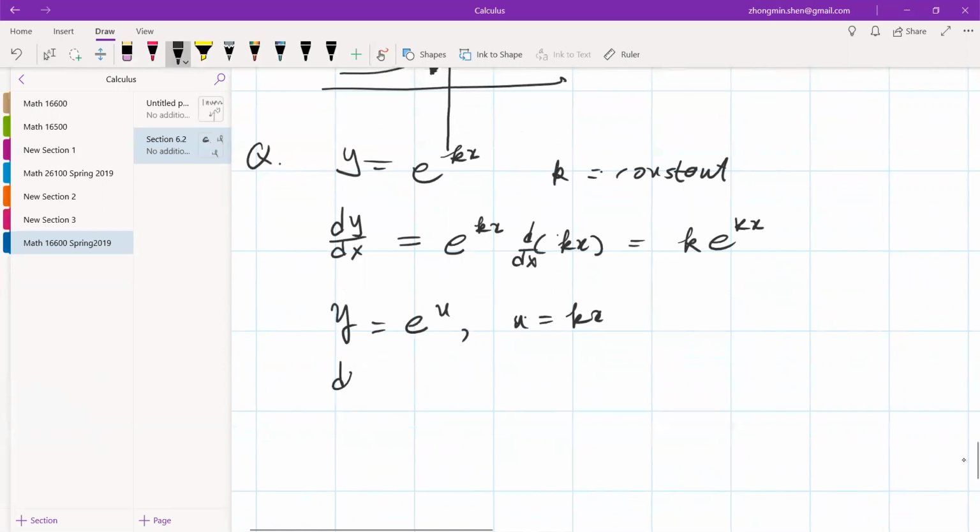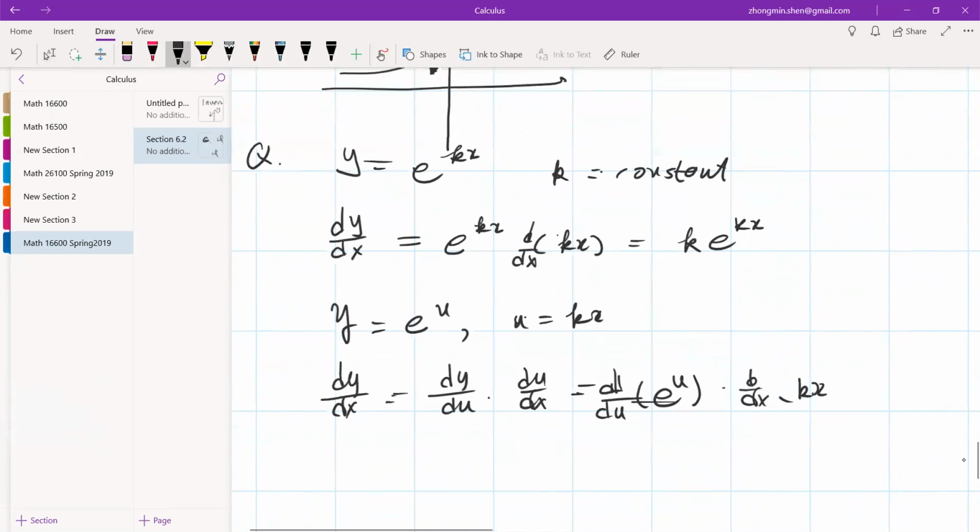That's the chain rule. So dy over dx is dy over du times du over dx. Y is equal to e to the u, then u is kx.